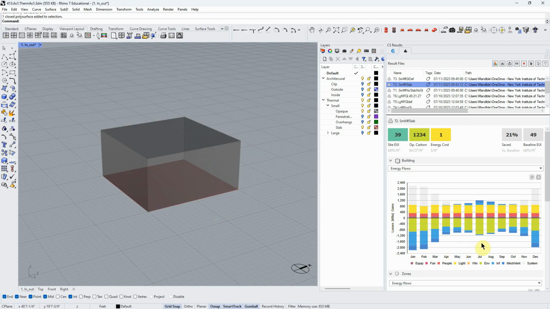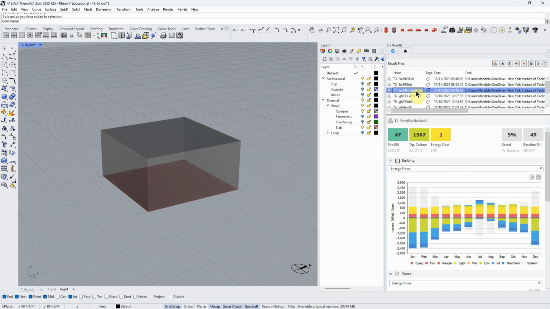And so let's see if that makes any sense. Without the slab, I've got no losses in the summer through my envelope, and therefore I've got a pretty big cooling load here, right?